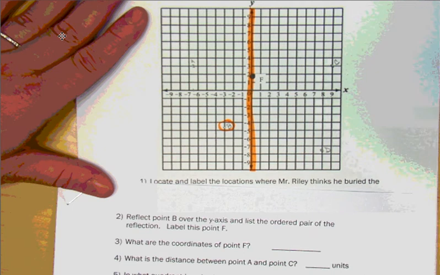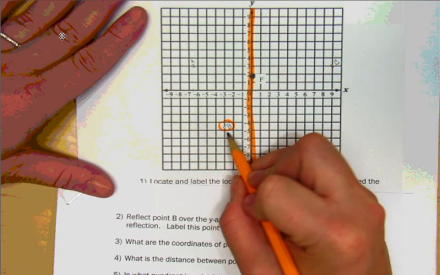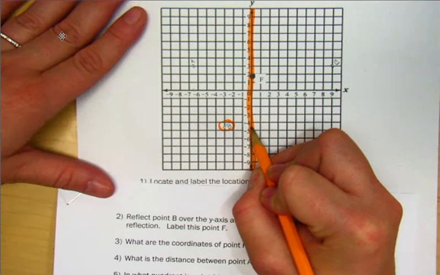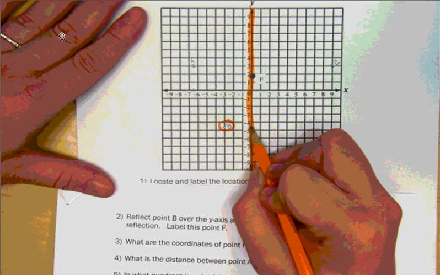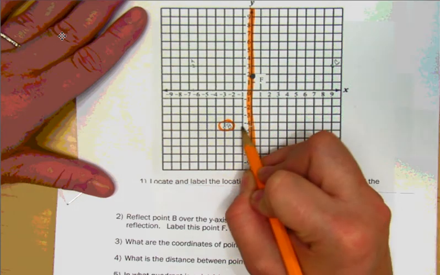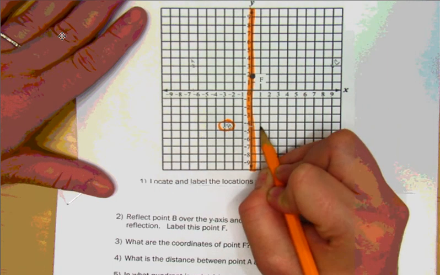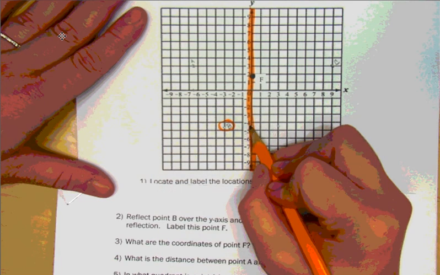So the first thing I want to do is see how far point B is from my y-axis. So I'm looking here, and I'm going to go 1, 2, 3. It is 3 away from my y-axis. Now while staying at the same point on the y-axis, I went 3 in this direction, now I'm going to go 3 over here. So 1, 2, 3. And you have to keep in mind that it's going to stay at the same y coordinate.